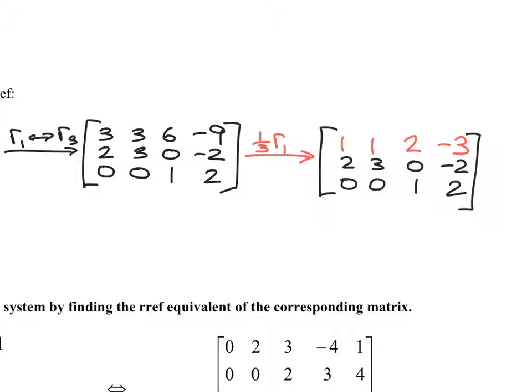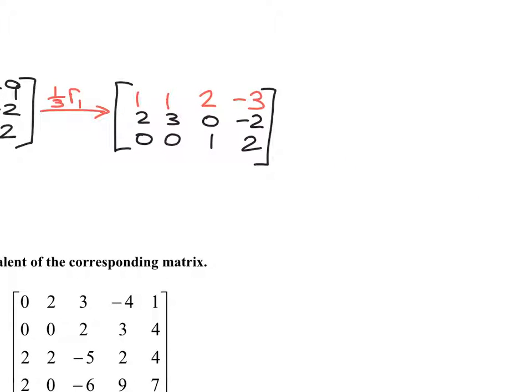So I'm looking at this and saying, okay, well, now I'll go back to the way we were doing it last time and say, let's make that 2 disappear. So I'll keep it with red. It's fine. I don't have to go too crazy with this. So if I want the 2 to go away, I want to negate the 1 and add it to row 2. So negative 2R1 plus R2.